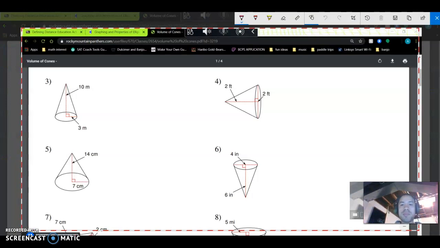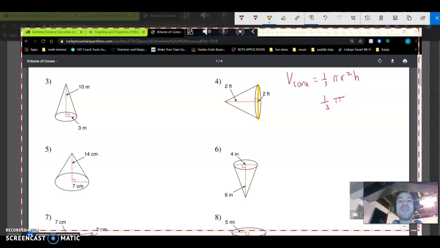With number 4, again, same formula. Notice it is a cone. Volume of a cone is equal to 1/3 pi r squared h. We need to figure out r and h because the 1/3 and the pi are always going to be there. You'll notice in this example that they gave us the distance from one side of the circle to the other side.